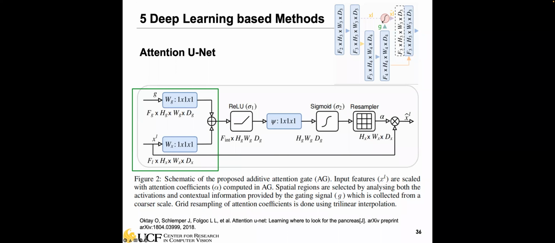It has two inputs or control signals going into it, which correspond here: this is the G, and this is the feature map from the previous layer. When we apply this attention, we select where we want to pay attention to in the previous feature map X^l here.